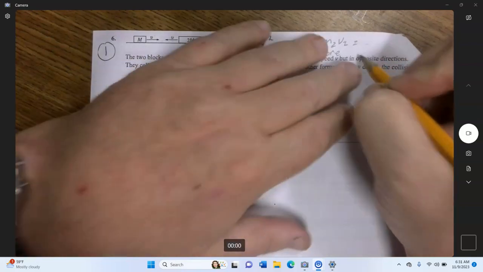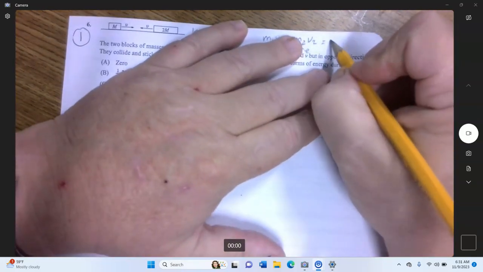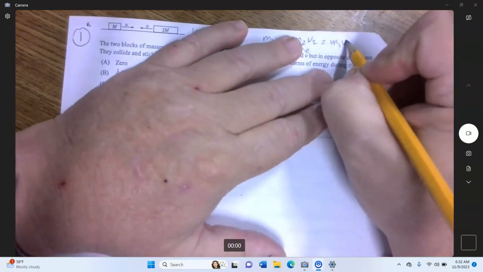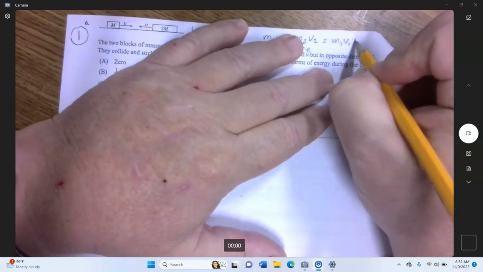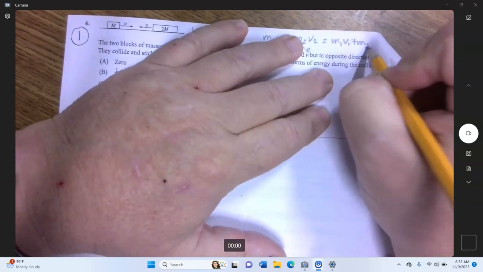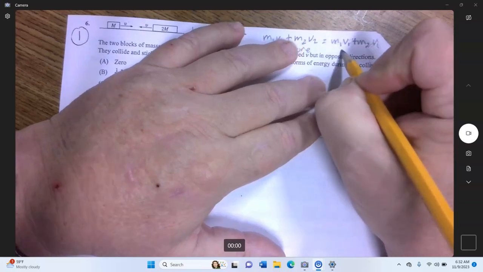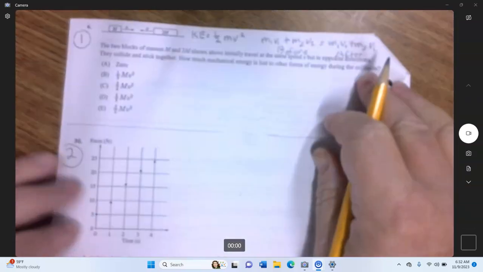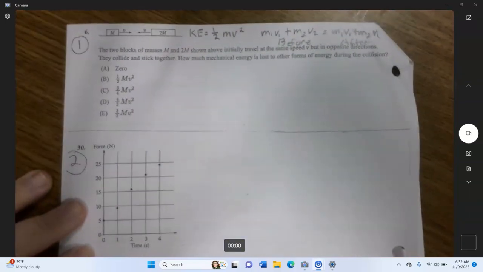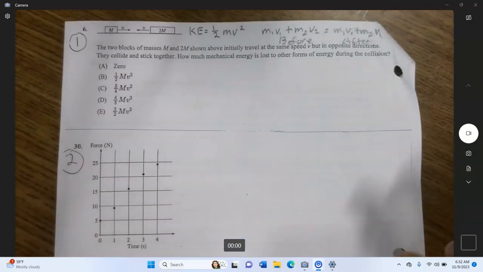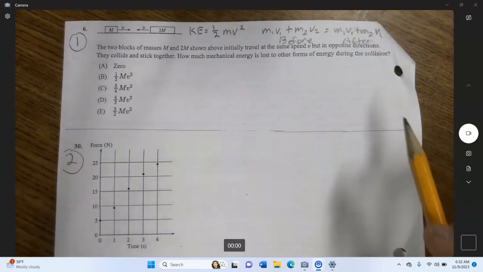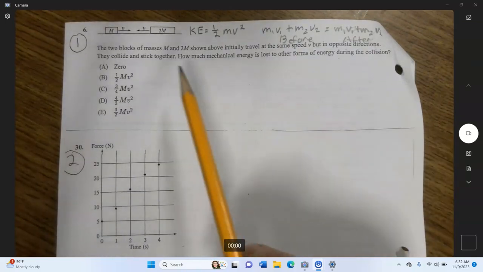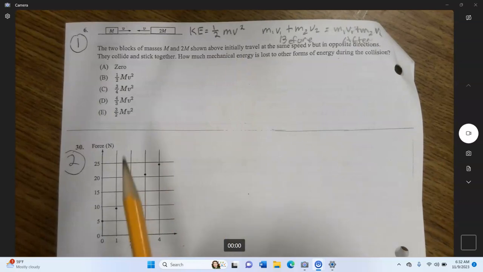That's got to equal m1 v1 plus m2 v2 after they collide. So in order to know the velocity after, we have to do this conservation of momentum problem, and we need to know the velocity after they collide in order to compute kinetic energy after the collision.